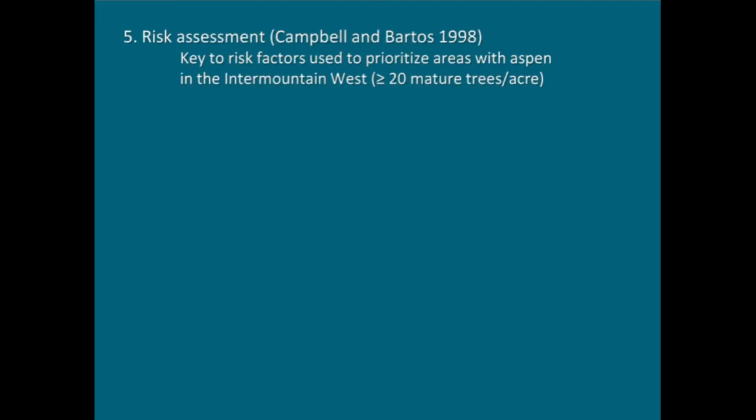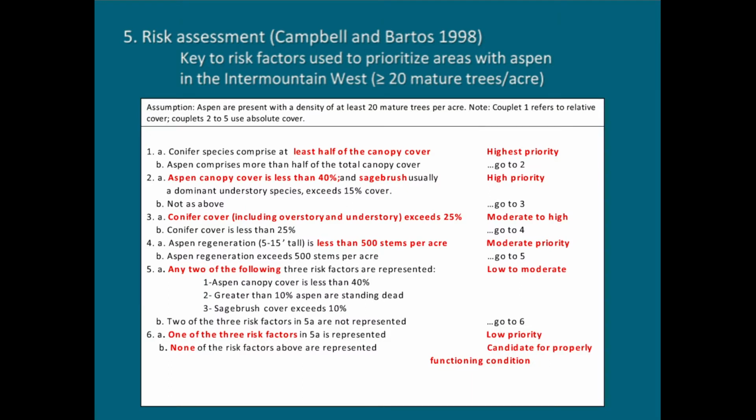And the last assessment, which is really the most important assessment, was taken from Campbell and Bartos, and it establishes certain risks in a very quantifiable way. So when a manager needs to make a decision, they can go back to this geodatabase and assess. So highest priority, they're going to have at least half the canopy cover.